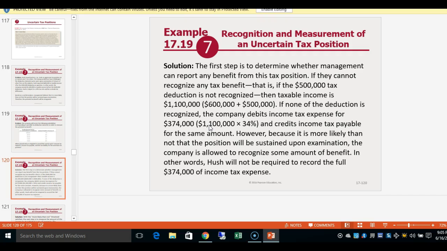However, because it's more likely than not the position will be sustained, the company is allowed to recognize some of the benefit.